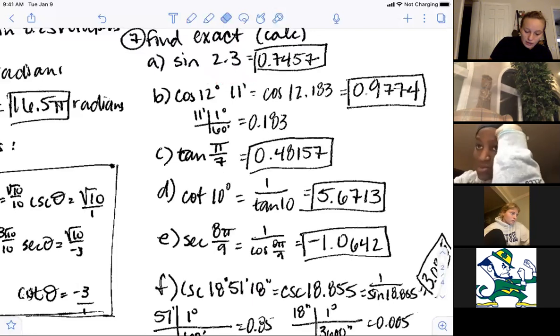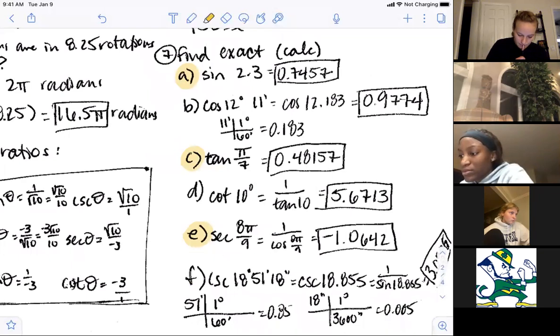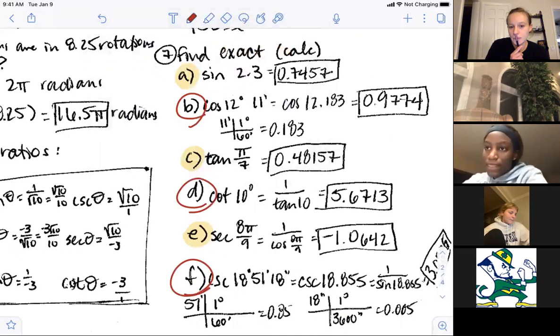So in this one, A and C and E were all radians. B and D and F were all degrees. We're often in degrees, but on a problem like this, you may flip back and forth a couple times, so just read what's going on.